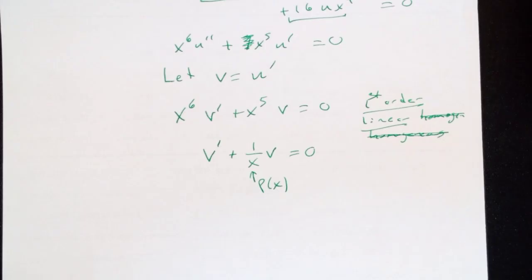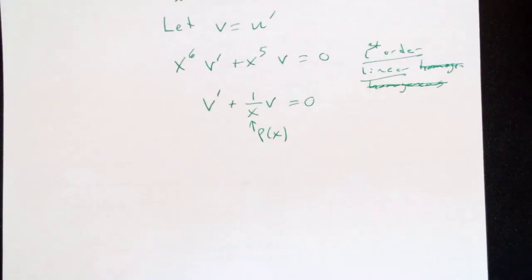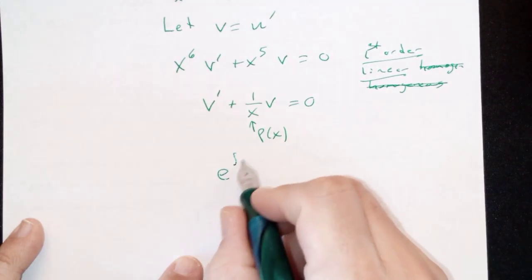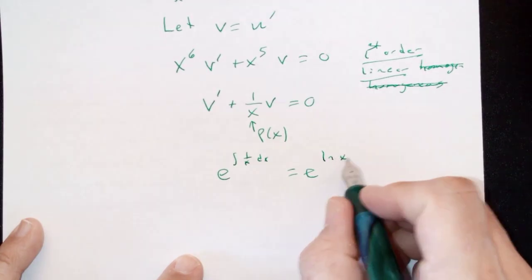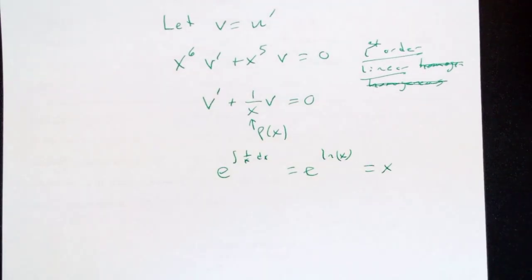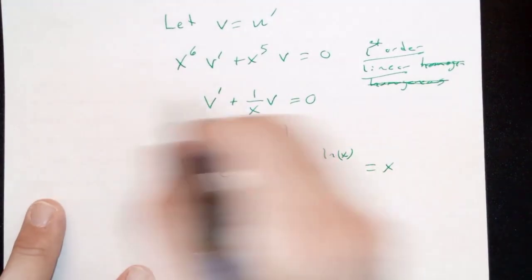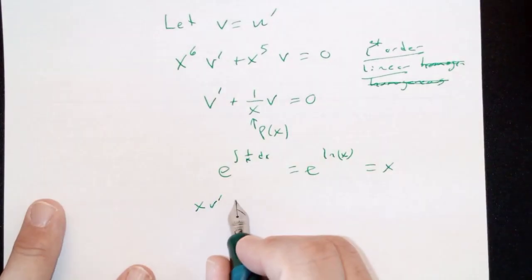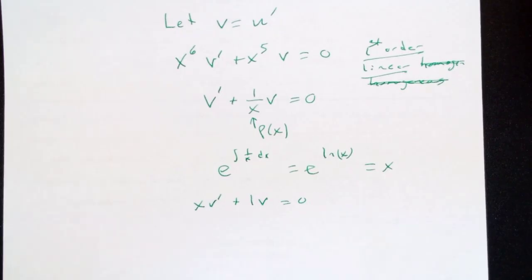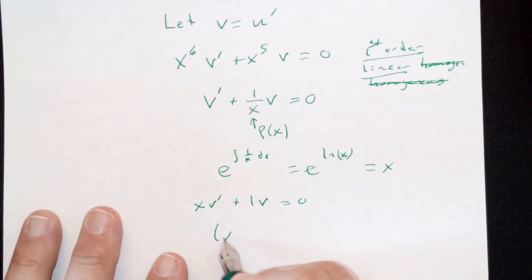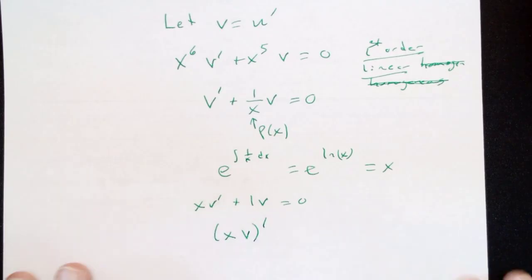What's my integrating factor? Right, because I'm going to do e to the integral 1 over x dx. That's e to the ln of x, which is just x. So my integrating factor, when I multiply through, I get x v prime plus 1v equals 0. But that means that the left-hand side is x v quantity prime.